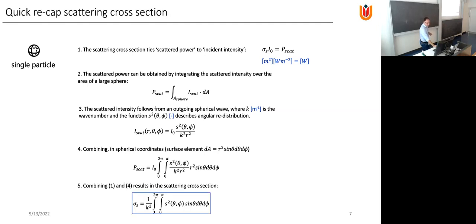Combining all these equations together and rearranging for the scattering cross-section ends up with this expression. k is 2 pi over lambda, so that is the wavelength contribution, and all the other information is contained in s squared.